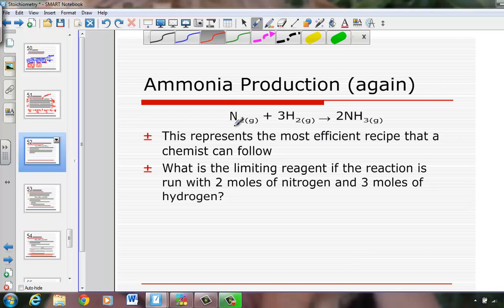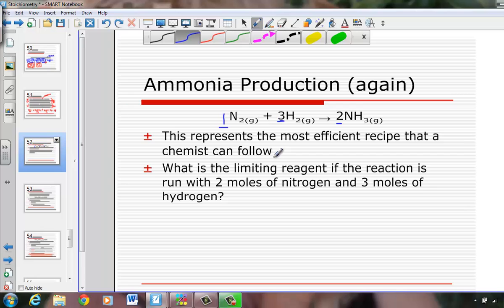This, of course, is the most efficient recipe a chemist can follow, a 1 to 3 to 2. If I were to run this equation with the perfect recipe, always putting in 3 times the number of moles of hydrogen as compared to nitrogen, I would not have a limiting reagent. I would not have an excess reagent. They would be consumed with that perfect 1 to 3 ratio.